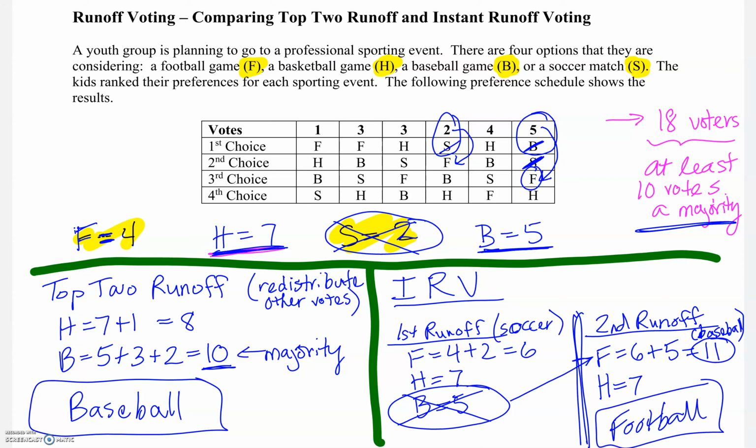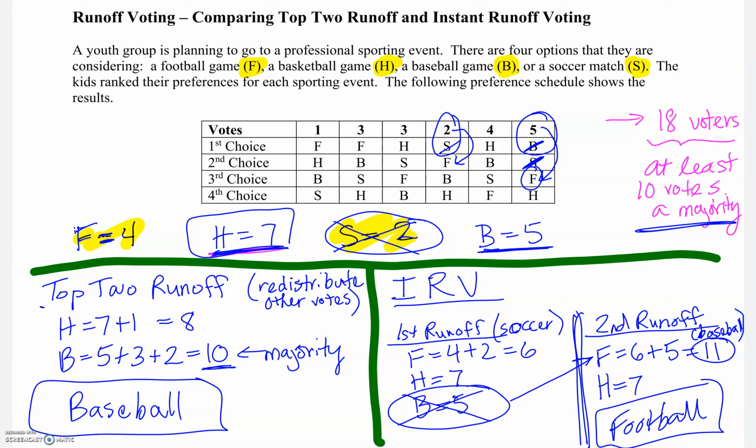So here you see an example where if we were doing plurality, basketball would win. But because basketball doesn't get a majority, in many situations, many elections force a runoff. And depending on the type of runoff, you may get the same result, or you may, in this example, get 2 different results.